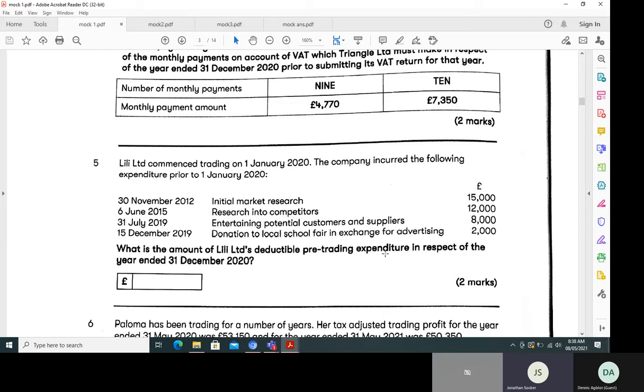What do you know with pre-trading expenditure when it comes to tax? Entertainment isn't deductible. That one is a general issue applicable to all expenses, whether the expenditure is during trading or pre-trading.